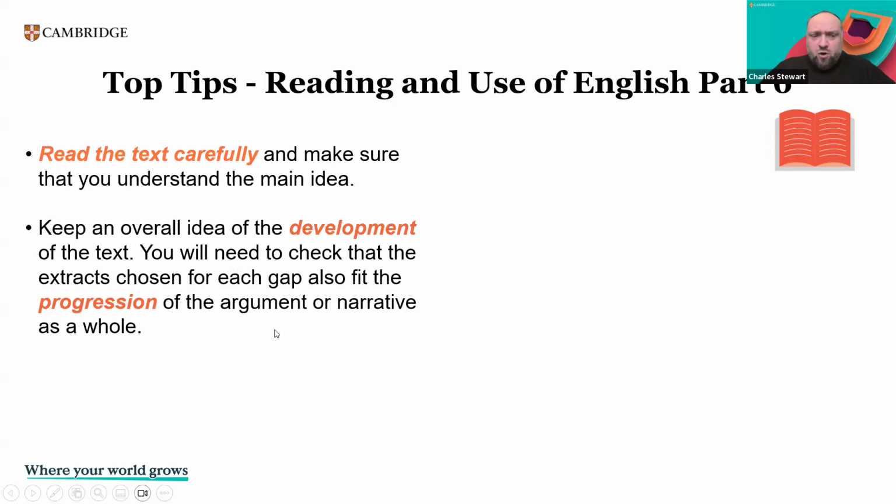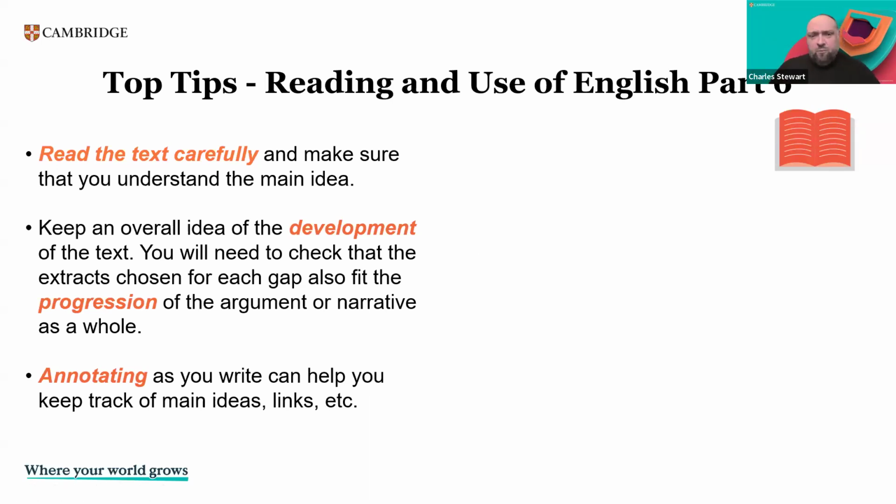Make sure that you keep an overall idea of the development of the text as it goes along, and make sure that the extracts that are chosen for each gap fit with what comes before and what comes after it. Because remember, when the correct answers are in the correct place, it reads as one continuous text that develops and progresses.